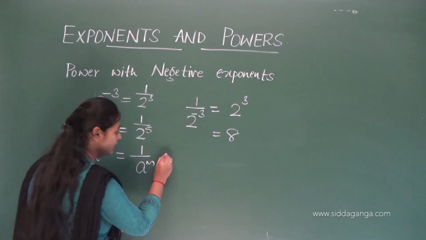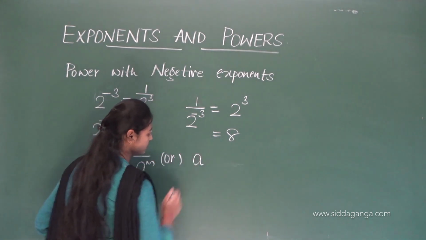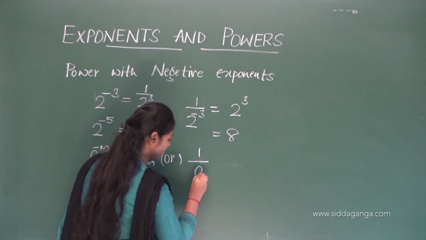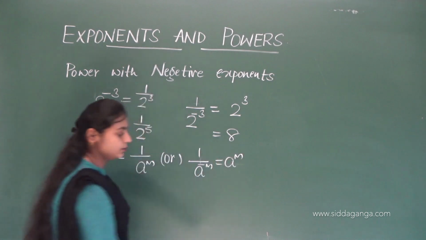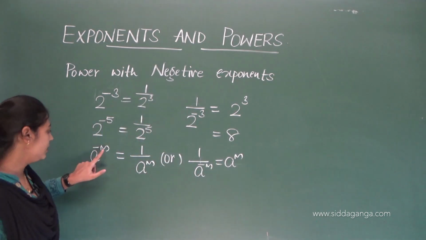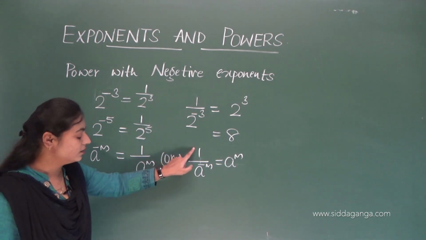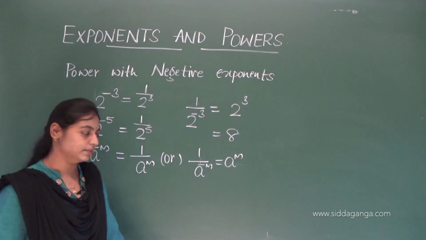So in general, this law can be written as: 1 divided by a to the power of minus m is equal to a to the power of m. A power minus m is equal to 1 divided by a to the power of m, and 1 by a raised to minus m is equal to a raised to m.